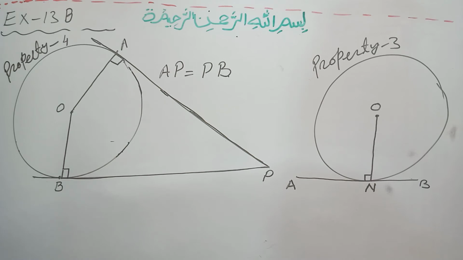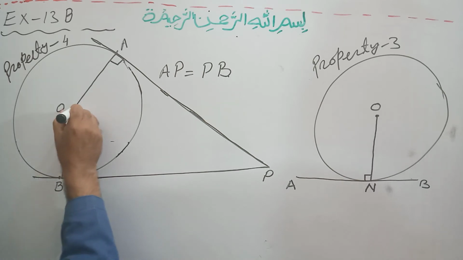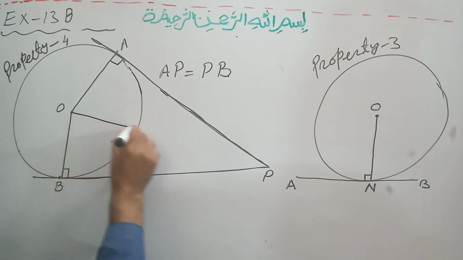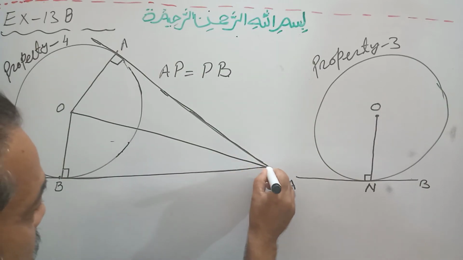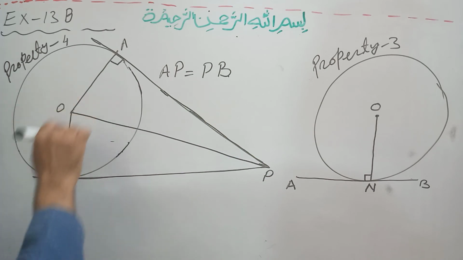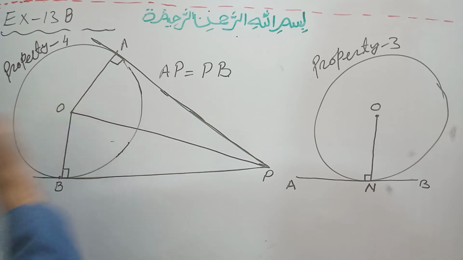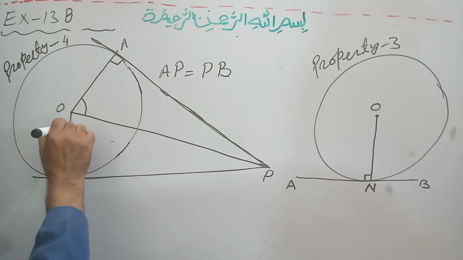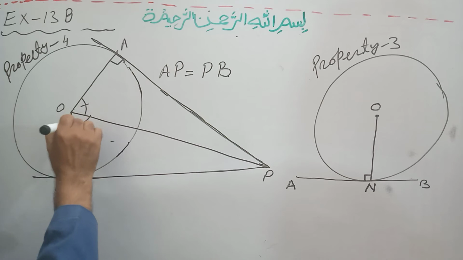We will get a quadrilateral OAPB. So if we join O to P, this OP will bisect the angle at O, angle AOB will be bisected.